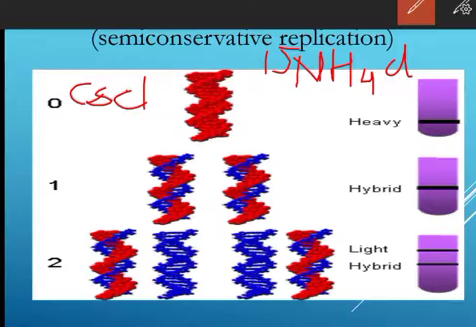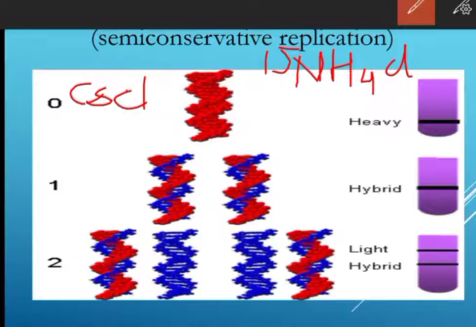The DNA obtained from the culture one generation after the transfer from N15 to N14 medium, that is after 20 minutes, because E. coli divides in 20 minutes, had a hybrid or intermediate density.